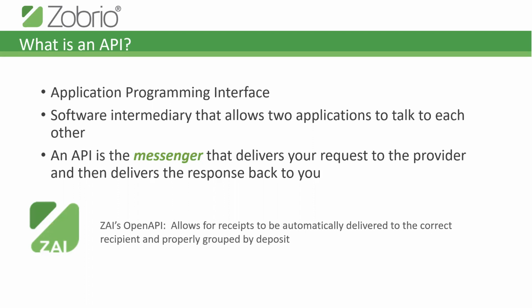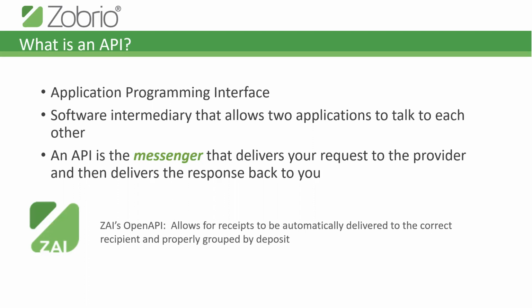So specifically for Zobrio Actionable Intelligence, and in particular our banking solution, formerly known more as Zobrio Cash Management, what we want to show you is how we have created what we call an open API.